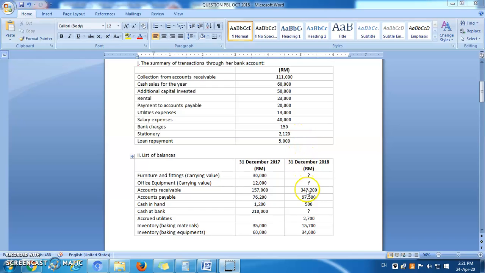However, if we go to the list of balances as at 31st December 2018, we have an amount for accrued utilities of 2,700. Meaning, at the end of the year, 2,700 ringgit is not yet paid for utilities.